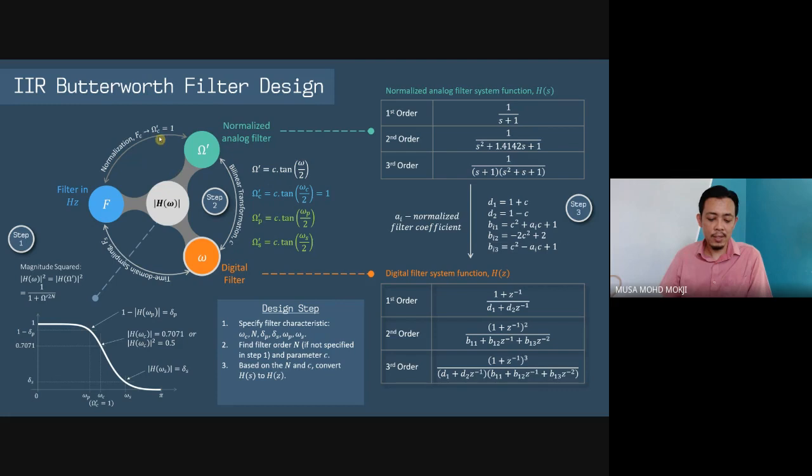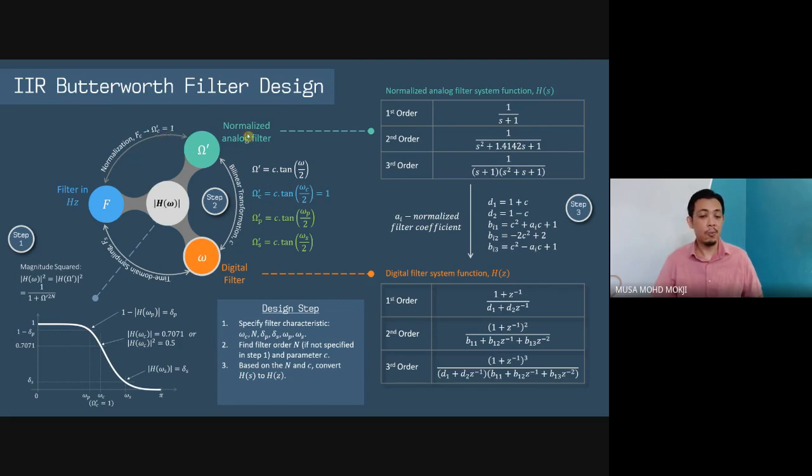Why do we need to use this normalized analog filter? Because with this normalized analog filter, we have a standard system function. This is actually the system function that we need to convert into a digital filter. So the equation is already fixed, and this is fixed only when the cutoff frequency equals 1.